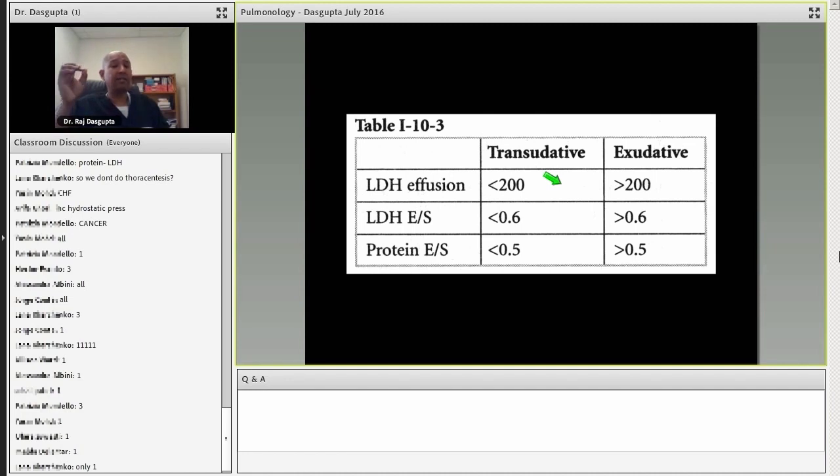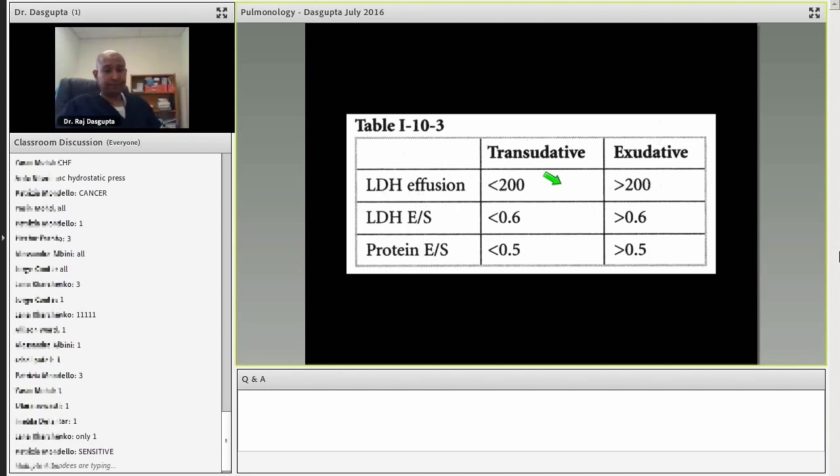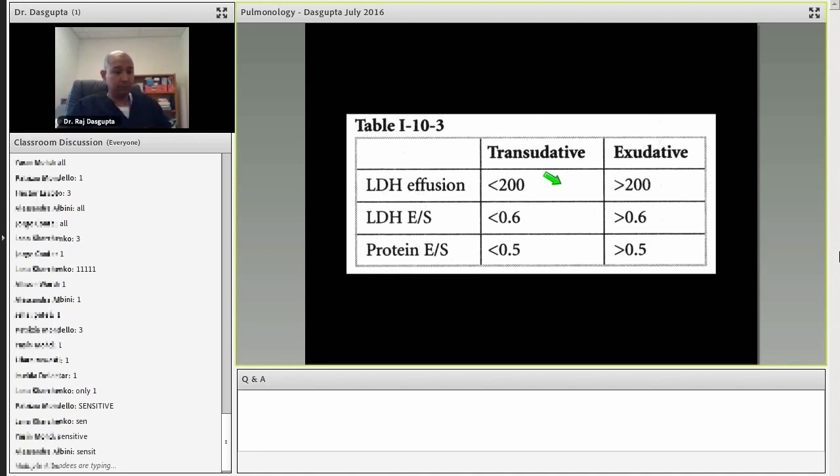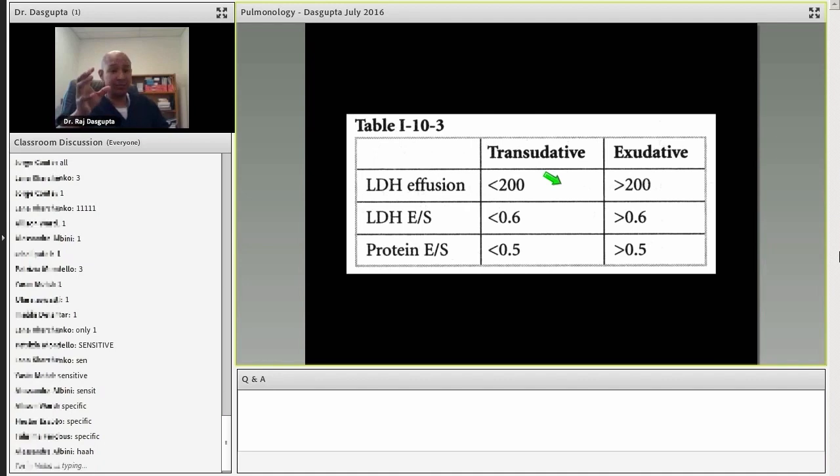So Light's criteria for a transudate is very one, sensitive or specific? And I could tell that no one likes it based on the answer choices you're giving me. The answer is specific.